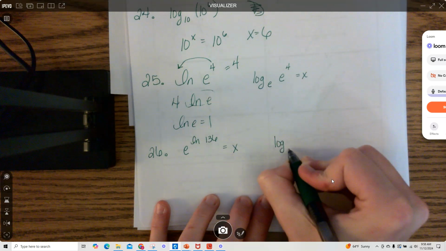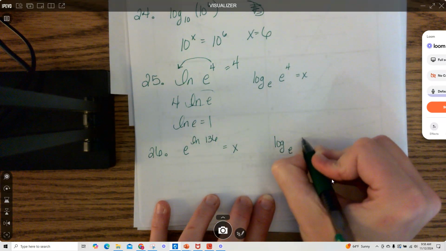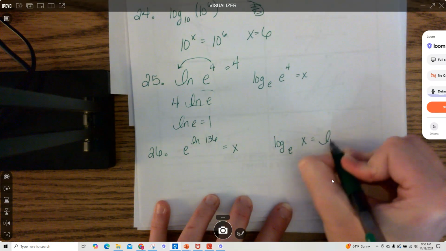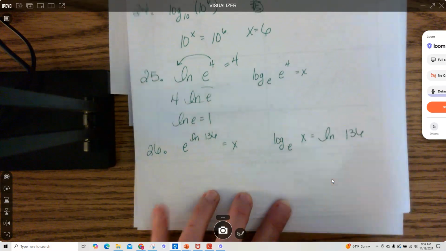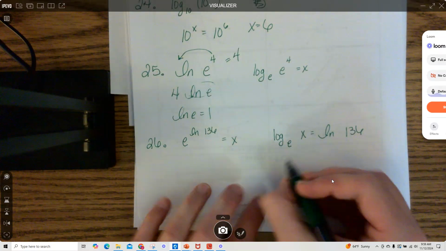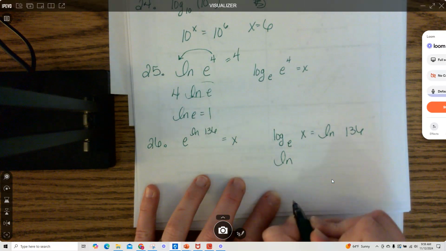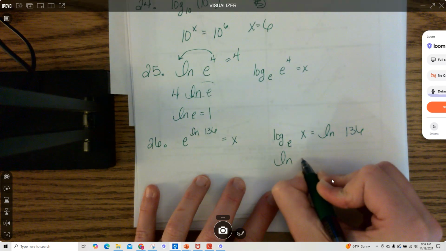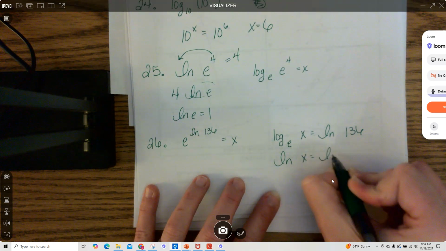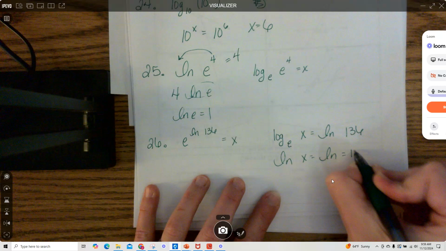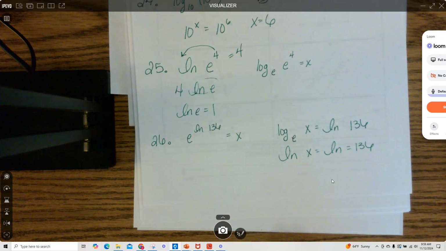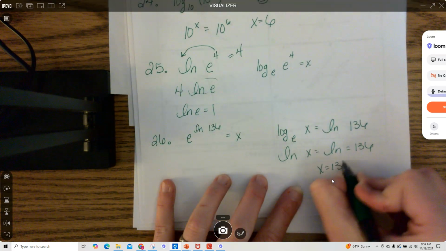So log base e of x would equal ln of 136. Well, log base e of x equals the natural log of x. And so x would equal 136.